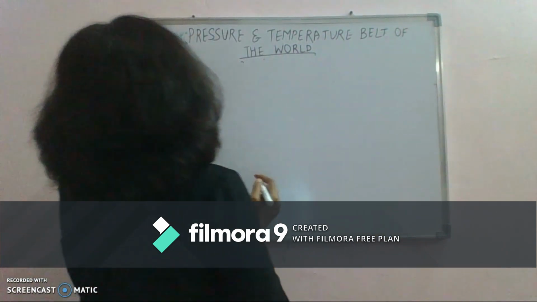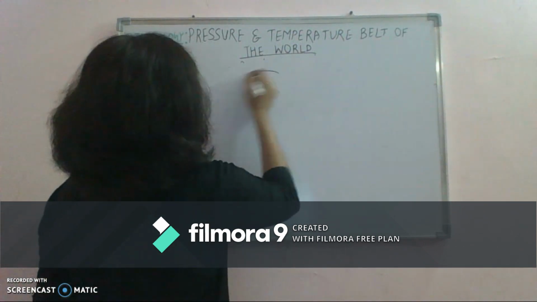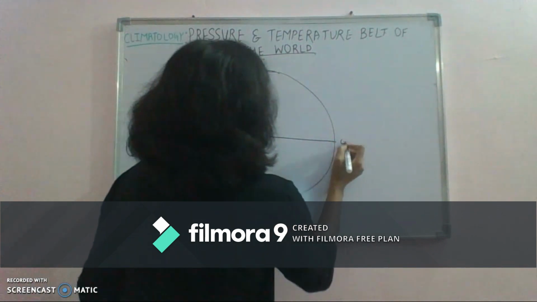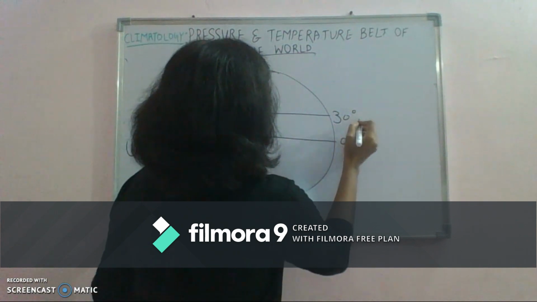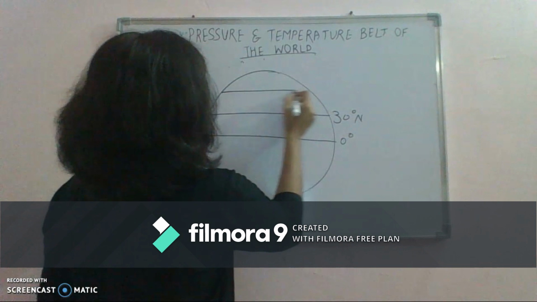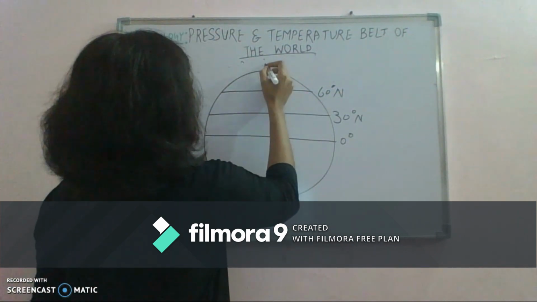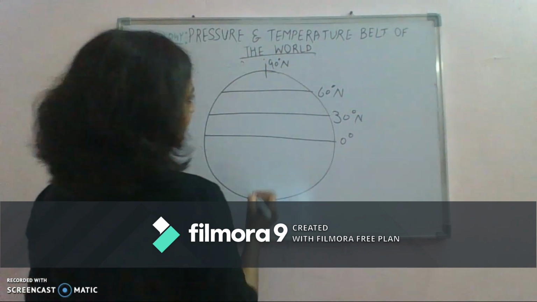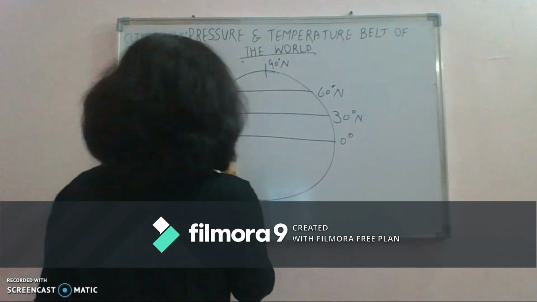Now we will start pressure and temperature belts of the world. This is the equator. 30 degrees north is also called the subtropical zone. 60 degrees north is called the subpolar zone, and 90 degrees is itself considered a pole.